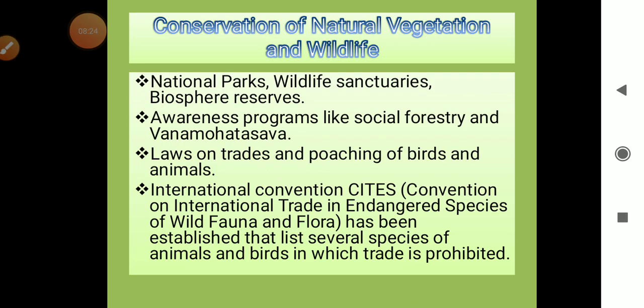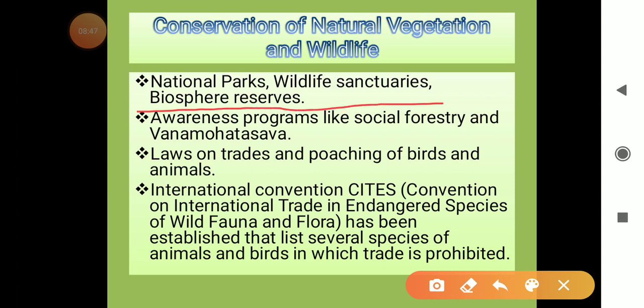So let us next move to the topic, that is conservation of natural vegetation and wildlife resources. So the first point is national parks, wildlife sanctuaries, biosphere reserves, which are made to protect our natural vegetation and wildlife.